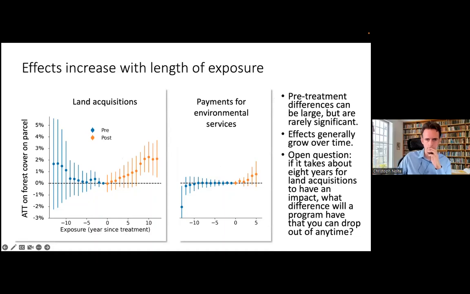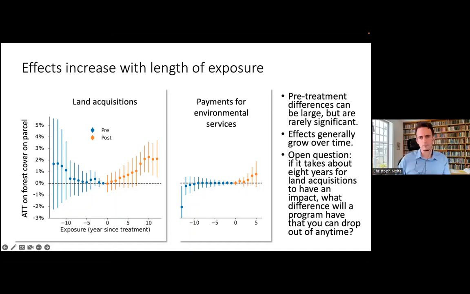And as these groups in the land acquisitions group have a longer time to be treated, we start to see significant effects. And we see a similar trend with the payments for ecosystem services, but they never actually become significant. So we're seeing that the temporal duration of the treatment has an outsized influence on the significance of the effects.